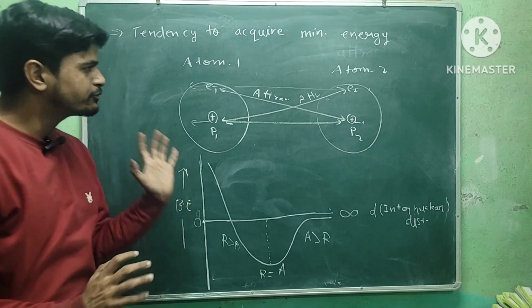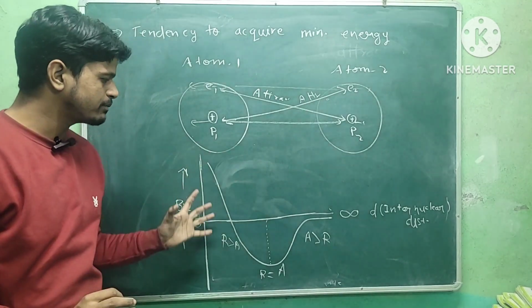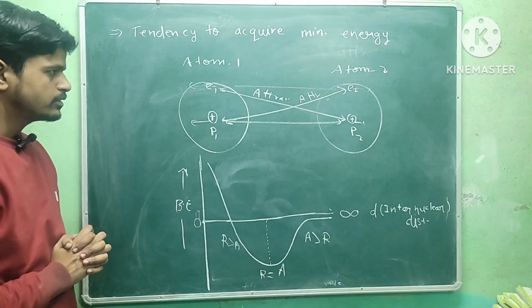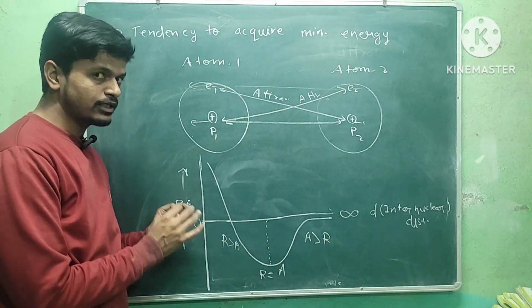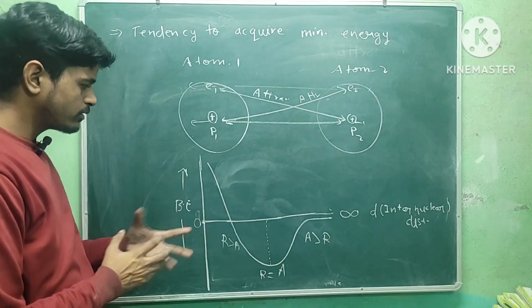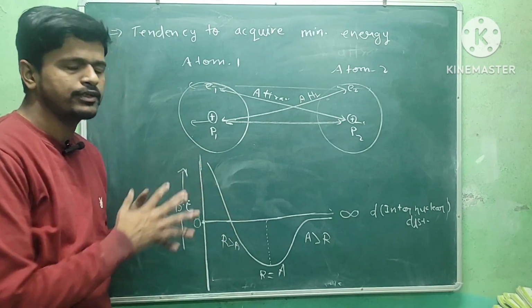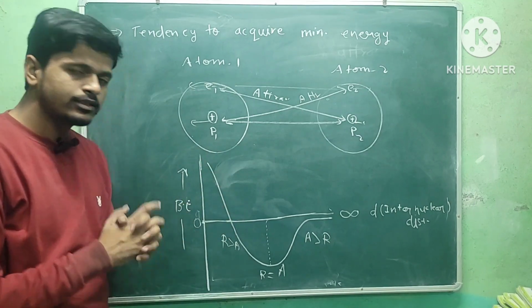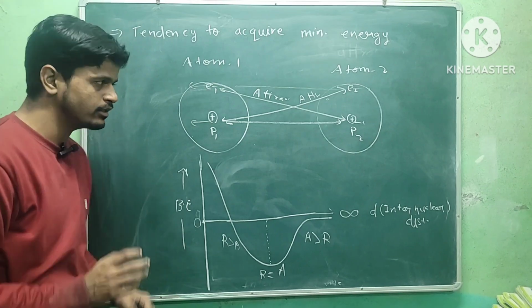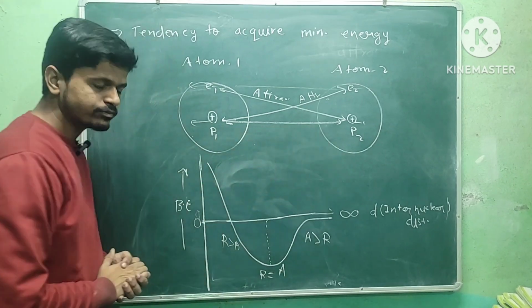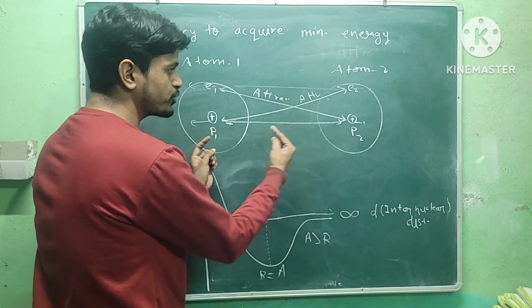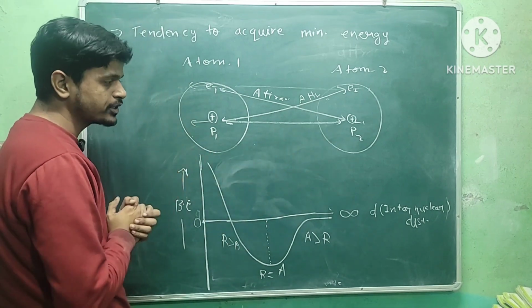Now understand this phenomenon of bond formation with this simple graph. What does this simple graph illustrate, or what simple conclusion can you extract from this graph in the case of bond formation? What is happening there? These are the two atoms which are approaching each other during bond formation.